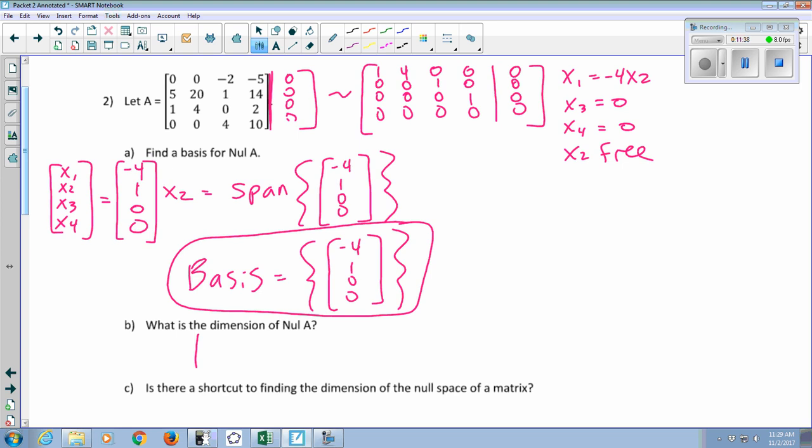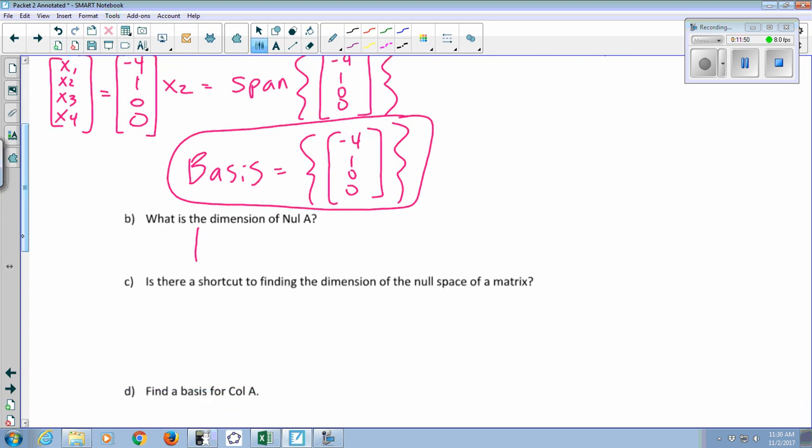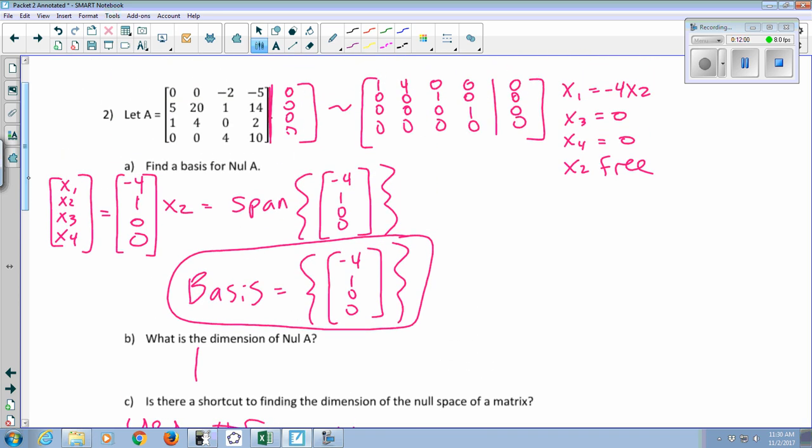So I had one free variable, which meant that I was able to write the solution set in parametric vector form with just one vector times the free variable, right? So yes, it's the number of free variables. So if I had known that shortcut, I could have stopped right after I row reduced and said, oh, there's one free variable, that's the dimension of the null space.